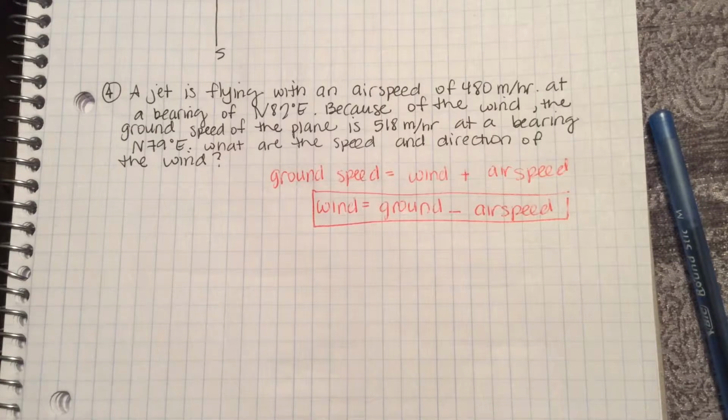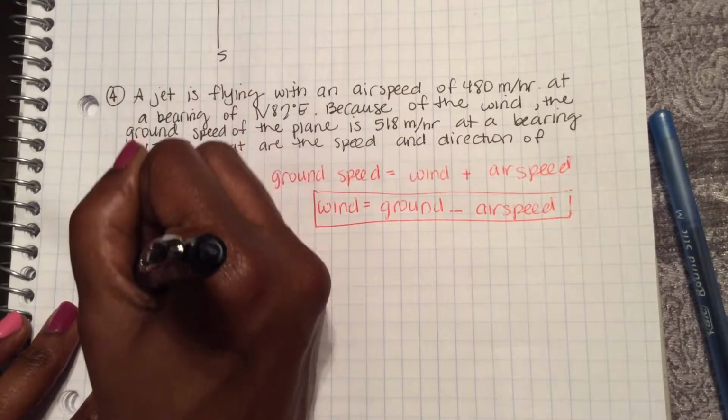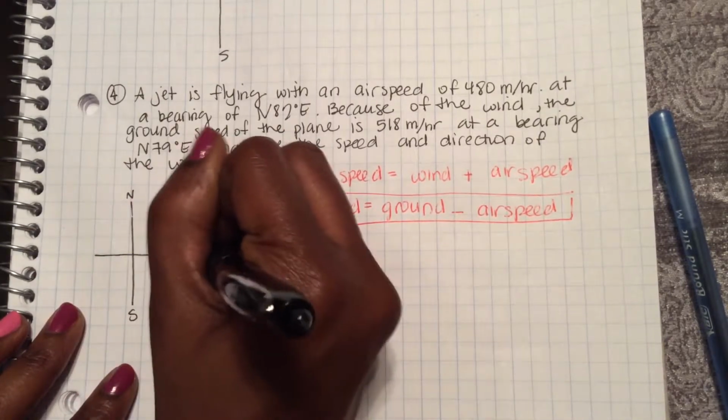All right. Now with that said, I'm going to create a couple vectors, one for ground speed, one for air speed. So let's say my air speed first.